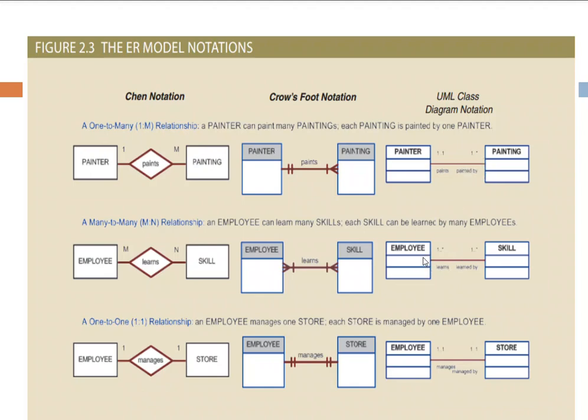The second one we have is employee and skill. This is a many to many relationship. For the relationship name, on the employee side we have learns, and on the skill side we write learned by.